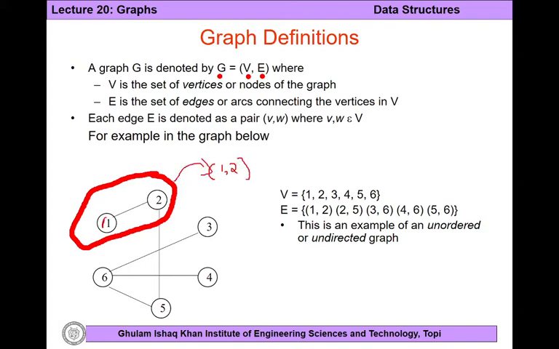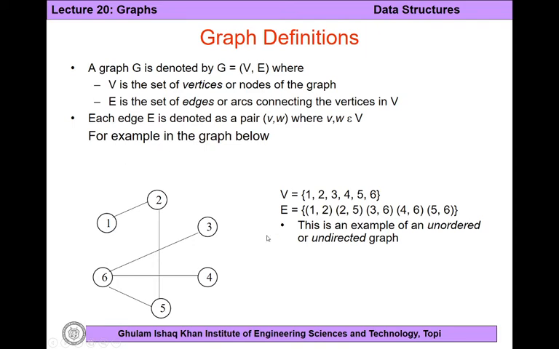If this node was labeled A and this node B, we would have written it as (A, B). And as I told you earlier, the edges in this graph do not have any directions, so this is an undirected graph.